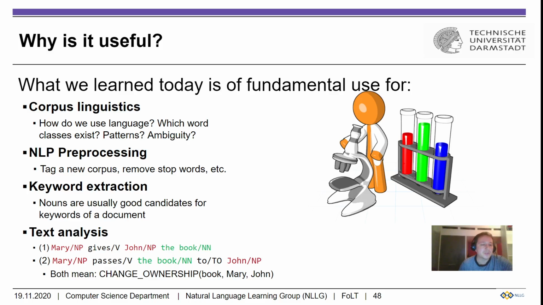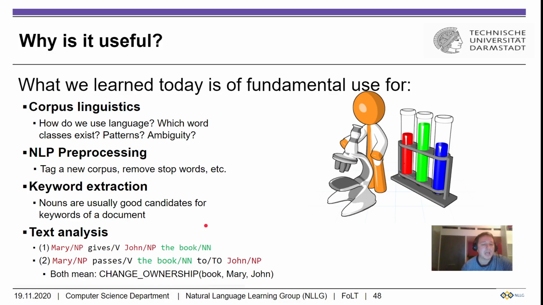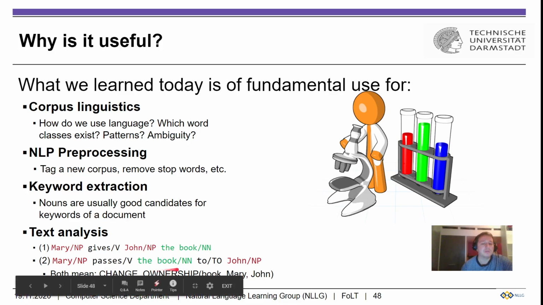And we can also use that for text analysis, as given in the example down here. So we have "Mary gives John the book," or "Mary passes the book to John." What we have in this case is that something changes ownership, namely the book goes from Mary to John.